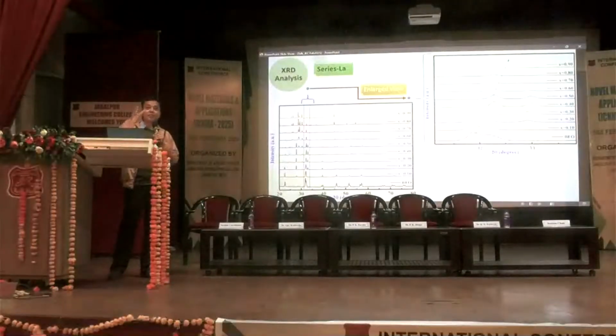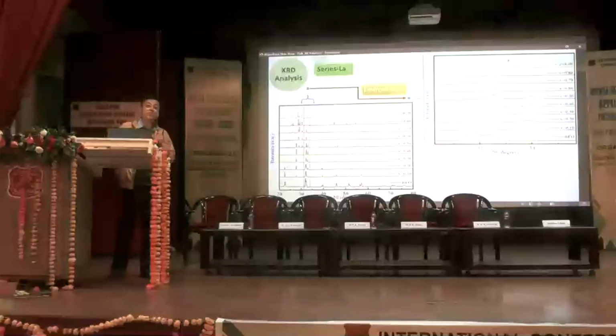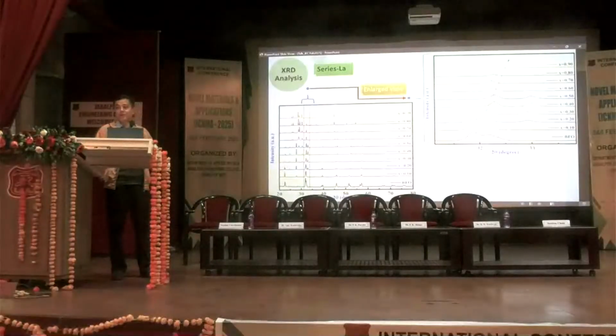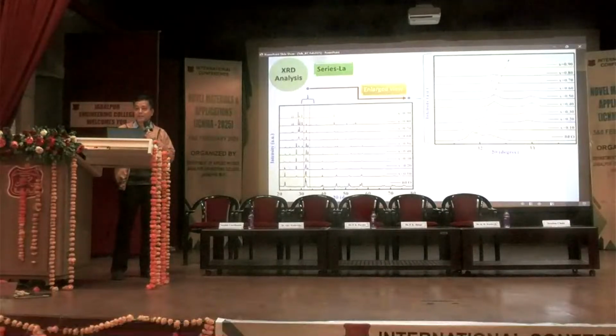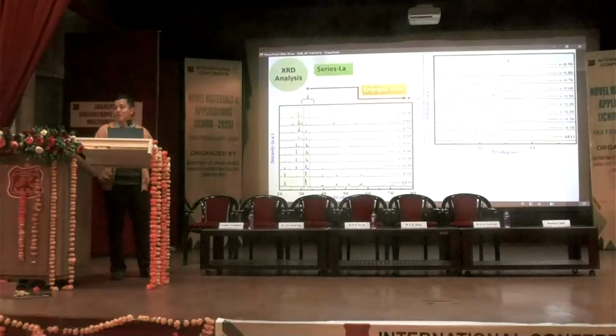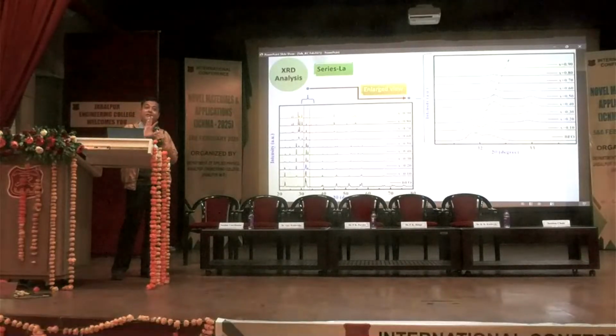Suppose, for example, this room has a capacity of 100 students, and suddenly you want to adjust 50 more students within it. How is it possible? There may be some overlapping. Maybe some seat will be shared by two students, maybe three also. Similar things happen with the structure. If you deliberately disturb the structure, then something happens.